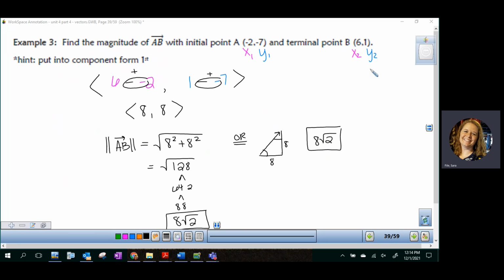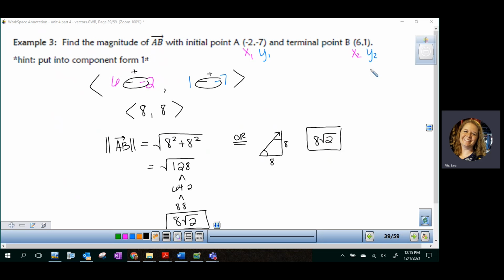Why does it matter? I know it could have a negative in it. In this particular problem, they're just asking for the magnitude, so it didn't matter, because the magnitude doesn't depend on direction. It's the length.